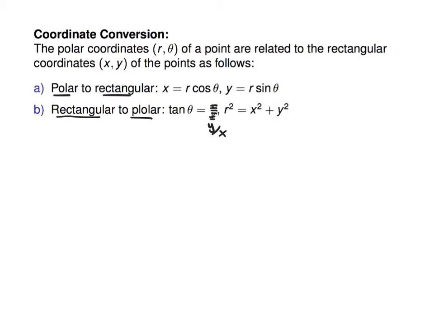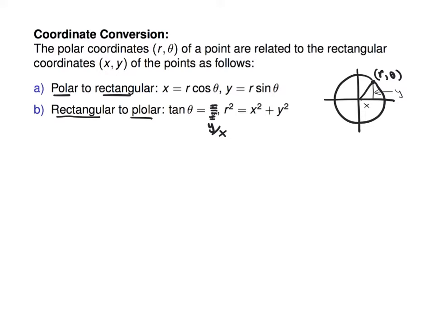Okay. So suppose we have a point that's r, theta. It could be in any quadrant, but we'll just say it's in the first quadrant for simplicity. If I was to graph that in regular coordinates, I would graph how far X is and how far Y is, right?